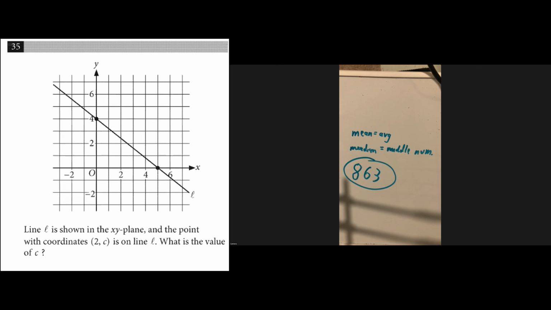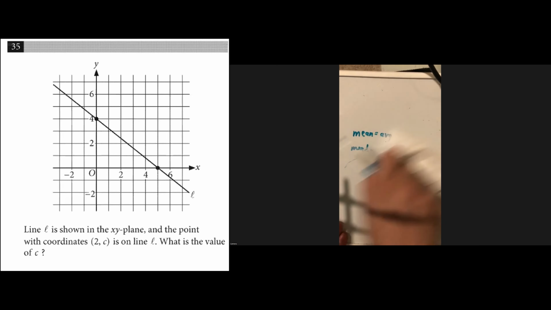Okay, so for this one, we're given a graph and we're told to find the point with coordinates 2, c. What you don't want to do is look here and go straight up and just say, yeah, that's around 2.5, because 2.5 is not the correct answer.